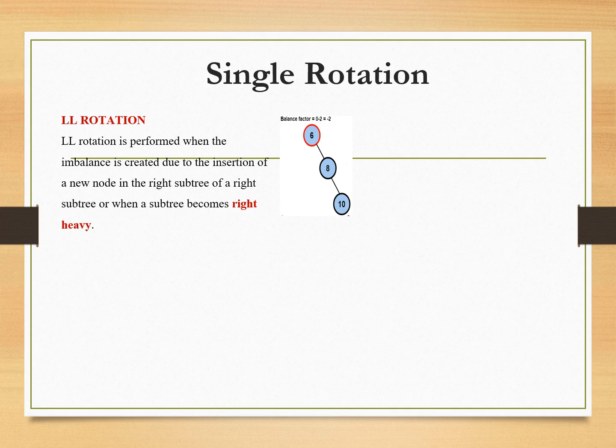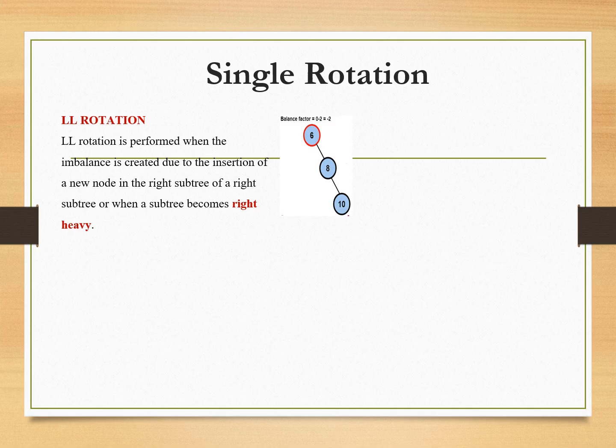So what is this rotation? When the imbalance is created due to the insertion of a new node in the right subtree of a right subtree, then the right hand side becomes heavy. See, 6 is here. I am inserting 8 to the right of 6. Again I am inserting 10 to the right of 8.